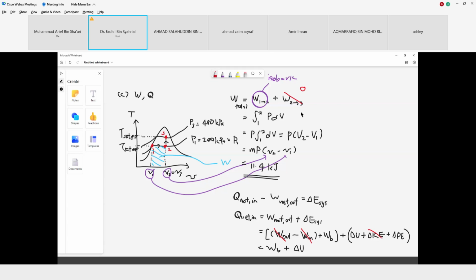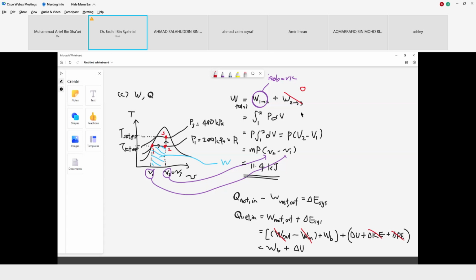If you look at our question here, it is a piston cylinder device. Piston and cylinder as one system. The piston only moves, but the cylinder is not moving. So therefore KE can be neglected, as well as delta PE, potential energy.